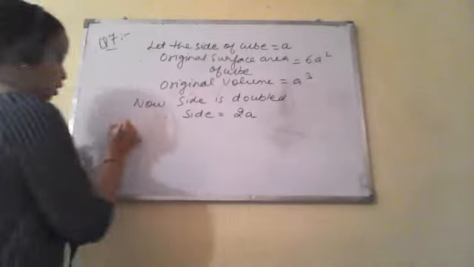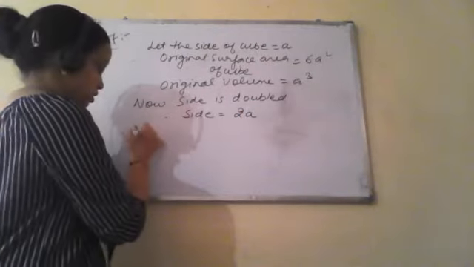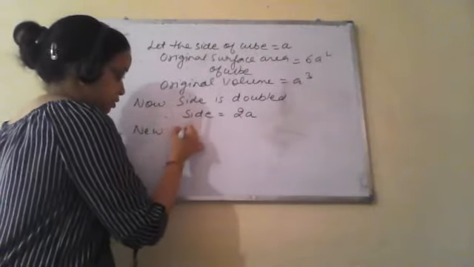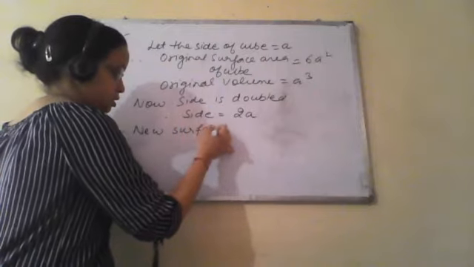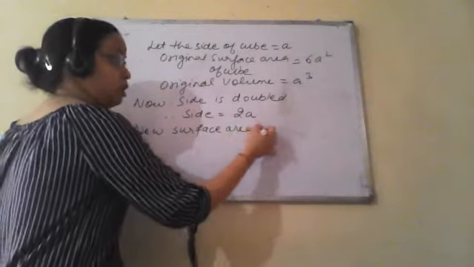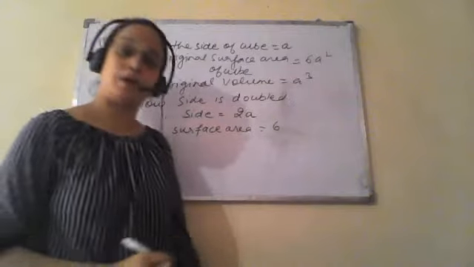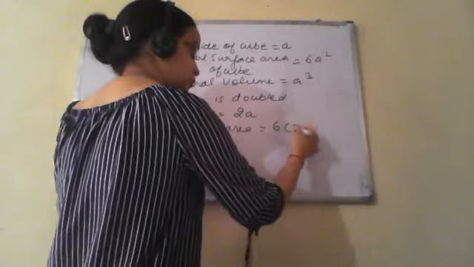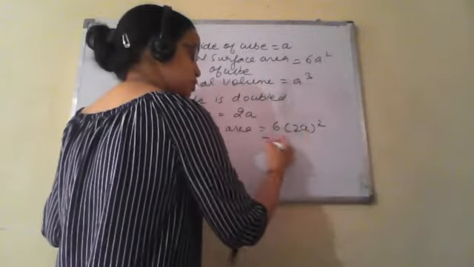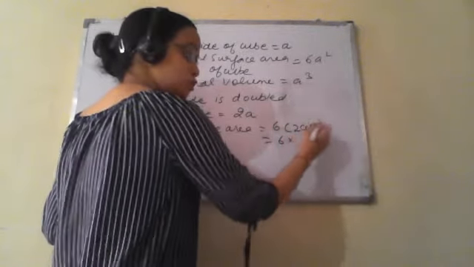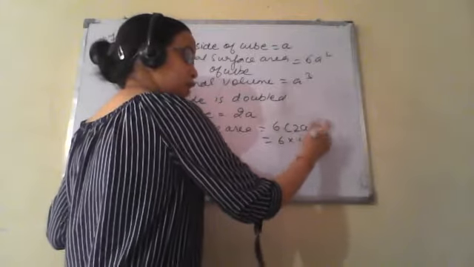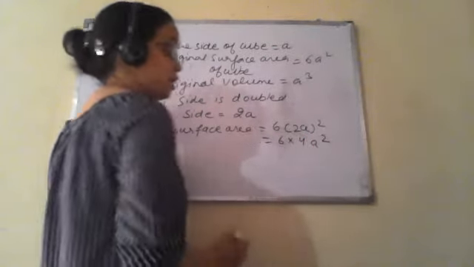Okay. Now new surface area. New surface area will become, it was 6a square. Now in place of a we have 2a. Clear? So this is 6 into 2, square of 2 is 4 and it is a square.